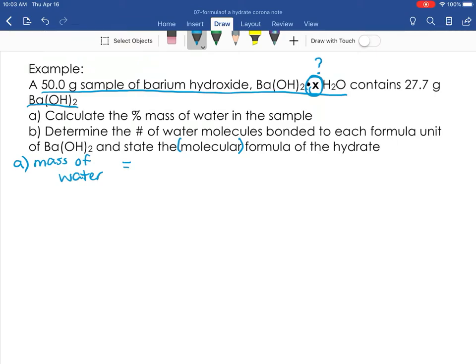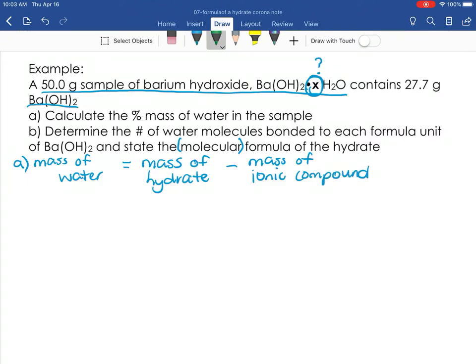So this can often be a first step as well, even if you don't have to do percent mass like we do here, and you have to do the chart, you still need the mass of water. Sometimes people get fancy and they write ionic compound as anhydrous salt.